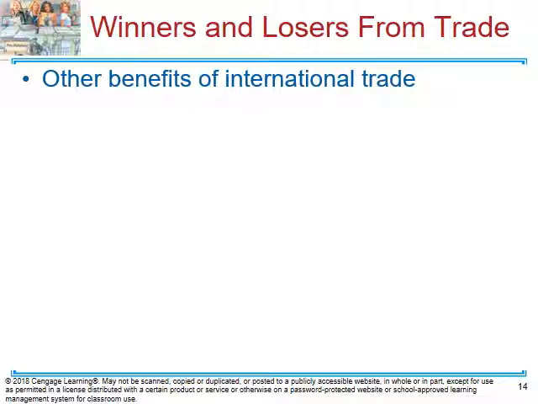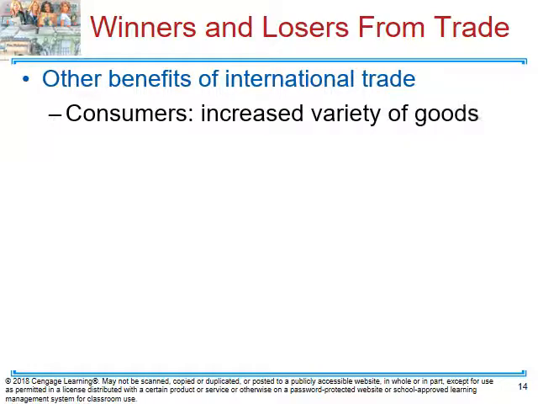So other benefits of international trade: for consumers, when a country is engaged in international trade, the consumer will have a variety of goods to select from. So there will be an increased variety of goods. For example, in the case of textiles, if there are only local producers, there will be only a few types or brands of clothes available.